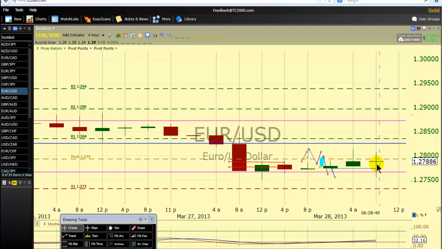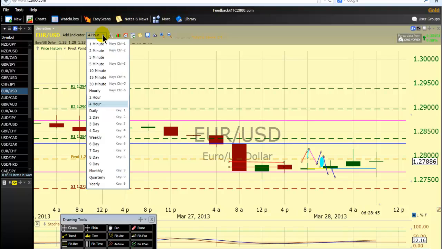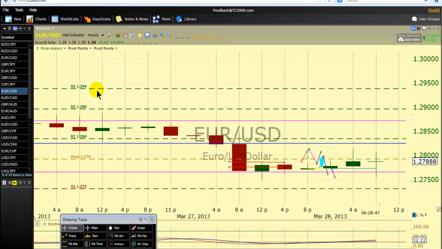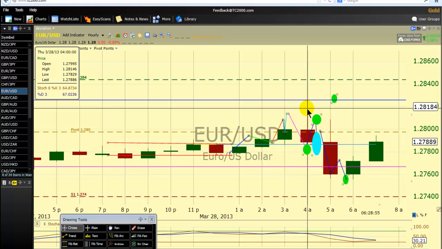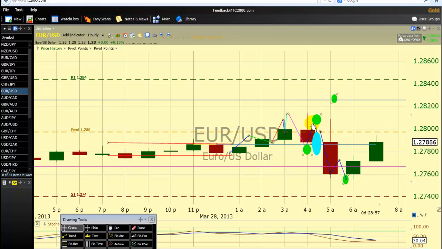As this candle is developing, we can look inside that candle, so to speak, on the hourly chart. You see, this is on the hourly, so two candles more.